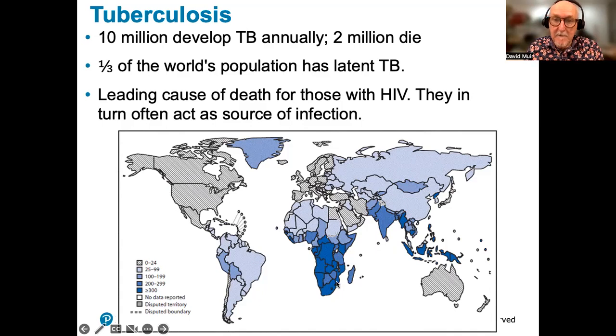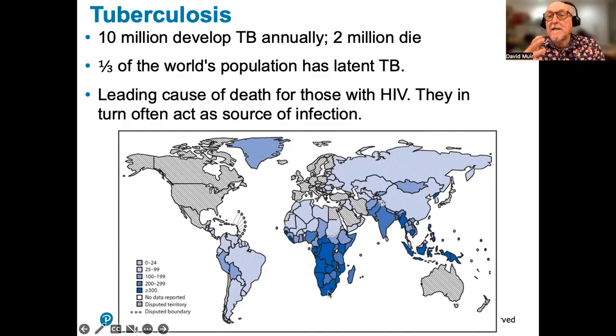In south of the Sahara, many people have latent TB, but they also have extremely high HIV infection rates. In South Africa, more than 50% would test positive for HIV.